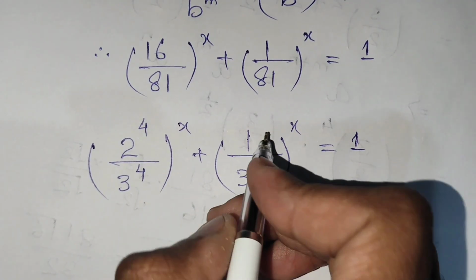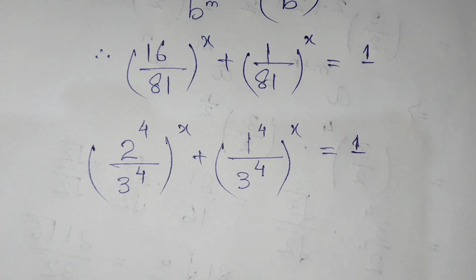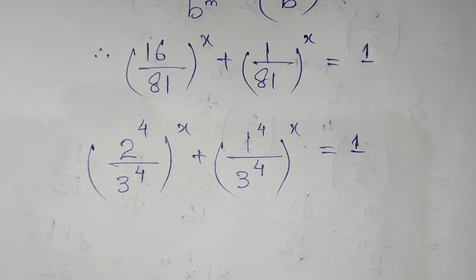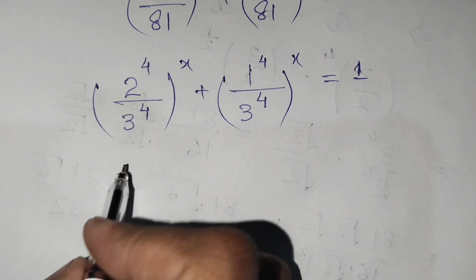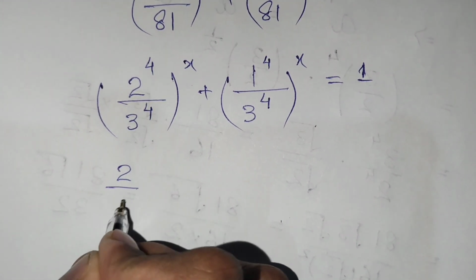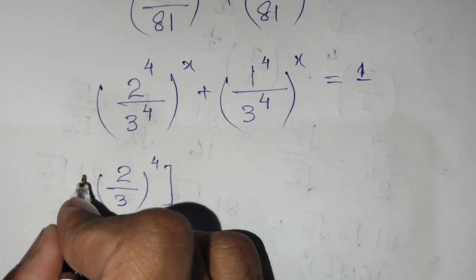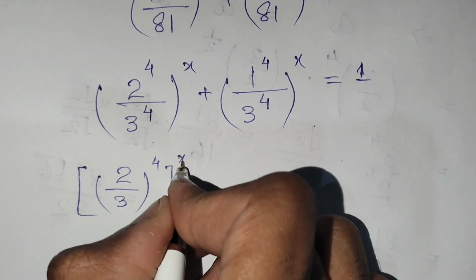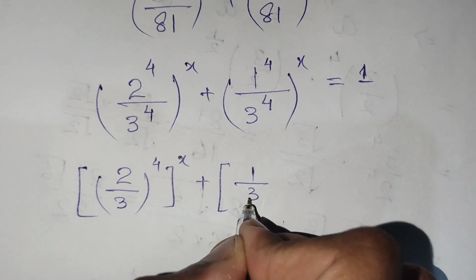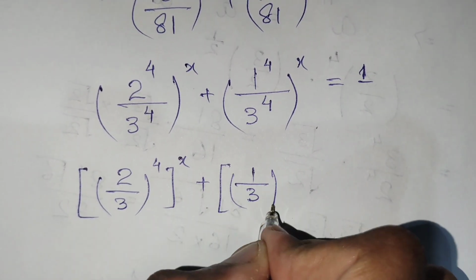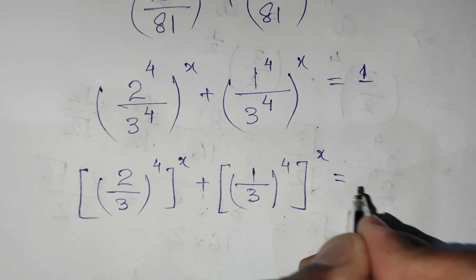We can write this 1 as 1 power 4 because 1 to the power of anything is always equal to 1. We can write this as 2 by 3 whole power 4 raised to the power x plus 1 over 3 whole power 4 raised to the power x equals 1.